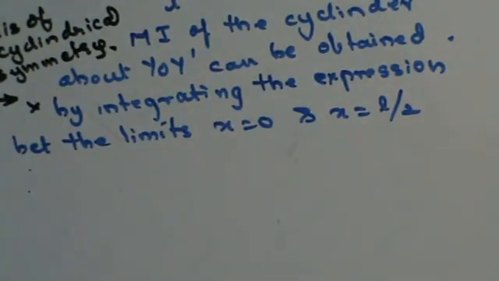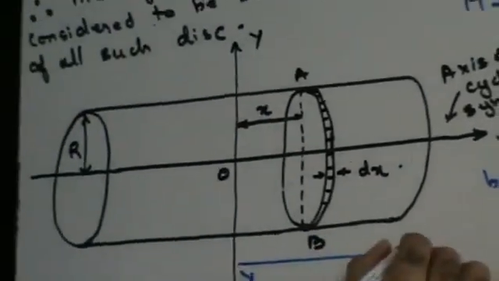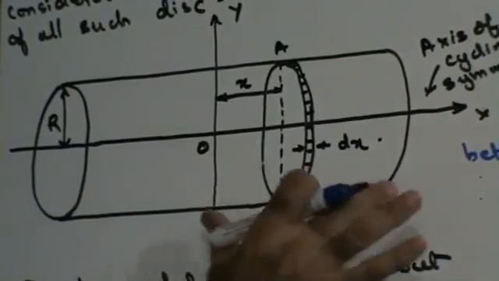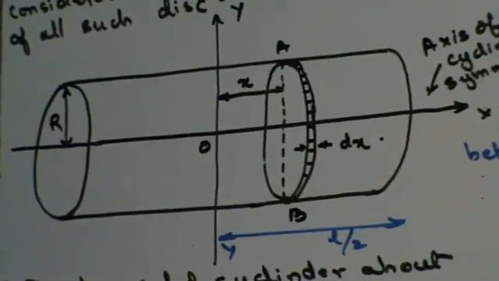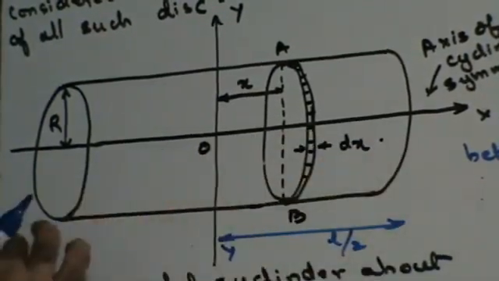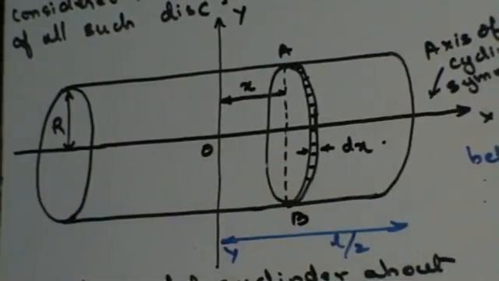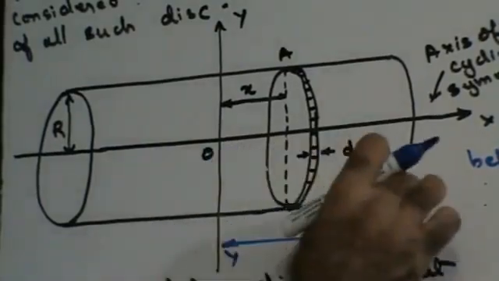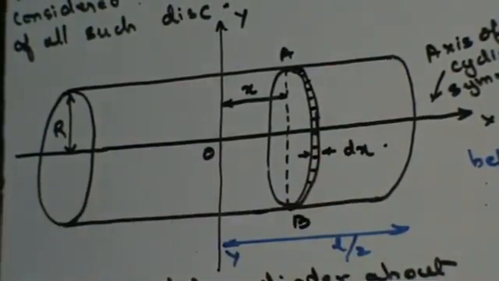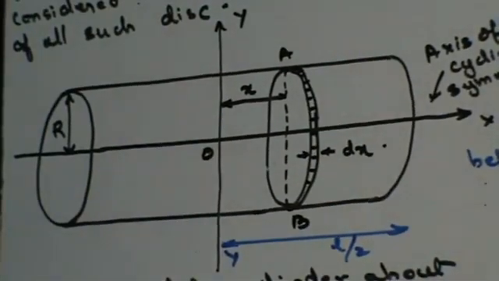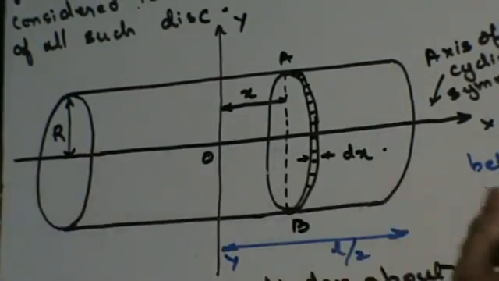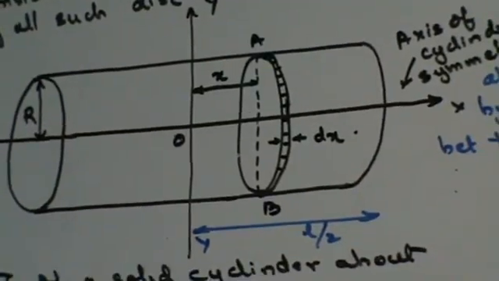Guys, can you see the diagram? The entire length is L. That means this length from here to here has to be L by 2. This will give me all the discs on one side of YO Y bar. Then to find the whole cylinder, all I have to do is multiply that answer by 2. Then why don't we take L directly?